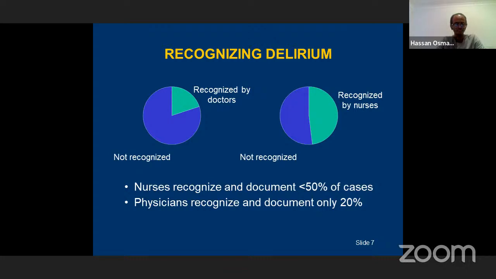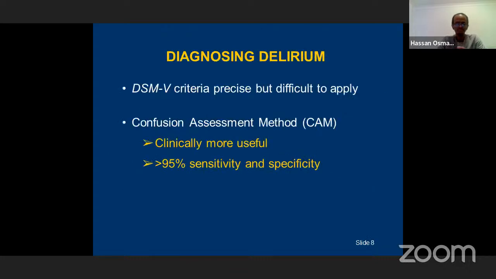I believe we agree because it's confusing to diagnose delirium. There are two diagnostic settings we can follow, either DSM-5 or the Confusion Assessment Method.